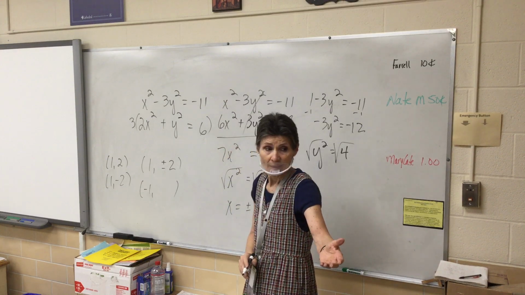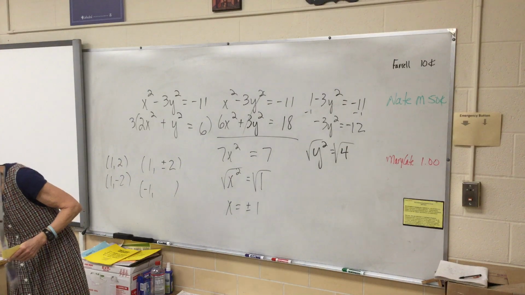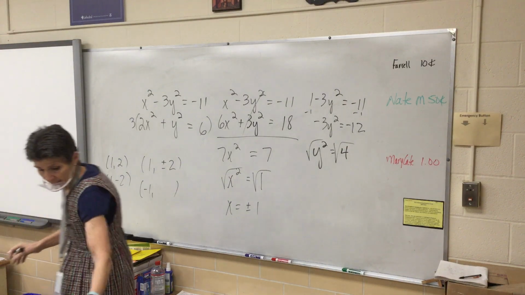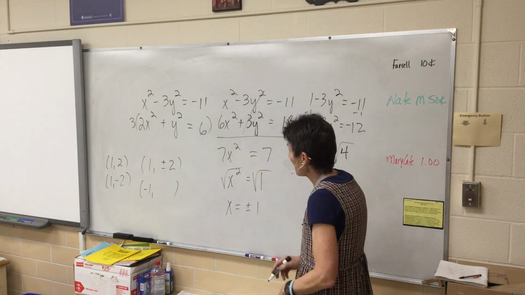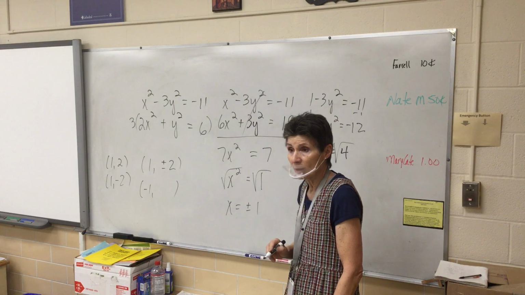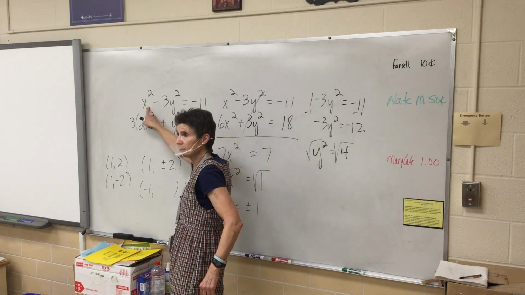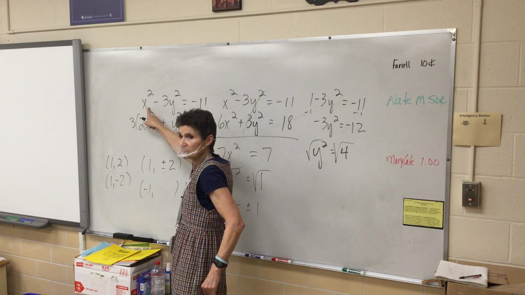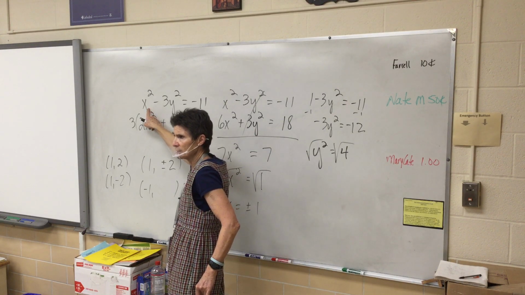Right? And then now I got to go back and I have to do exactly the same thing, but I'm going to plug in negative 1. Now, what do you notice when you put in negative 1? Is it going to matter, or is it going to be the same as when I put in positive 1?